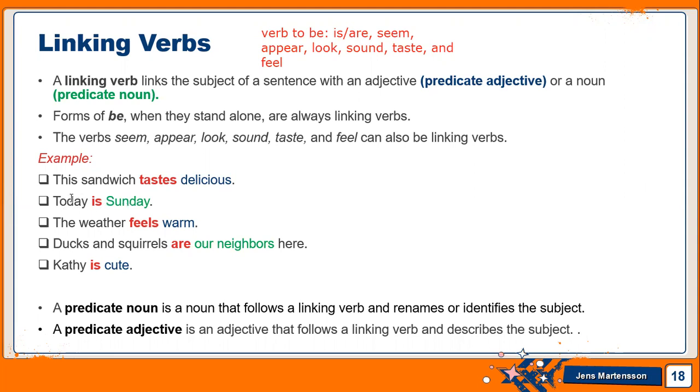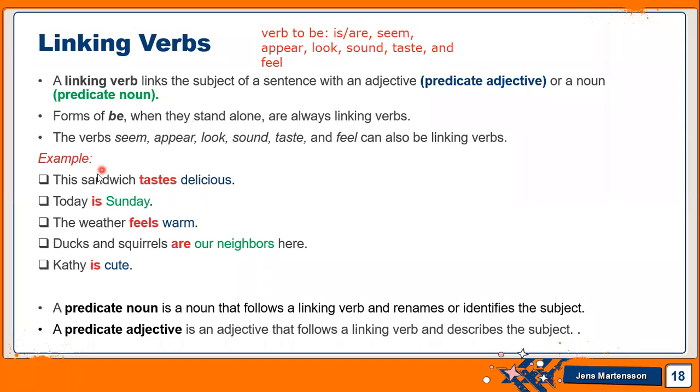Today, the subject, what I'm talking about in the sentence, is Sunday. Sunday is the predicate. It's a noun, so it's a predicate noun, as it's colored in green, and is a verb, and the only verb in this sentence, its role is to link between this subject and predicate. So there is no main verb here. That's why I know this is a linking verb.